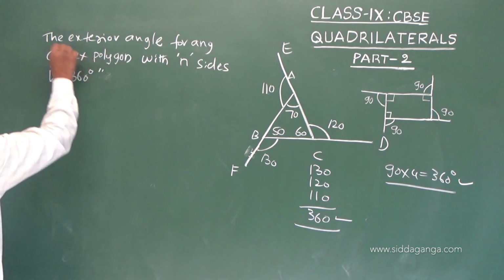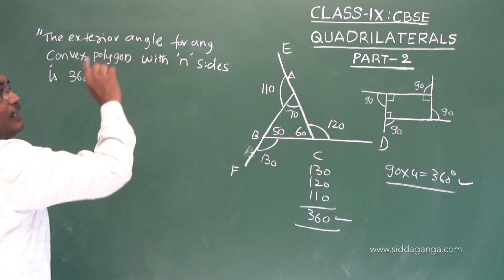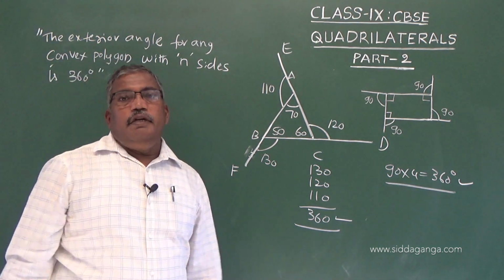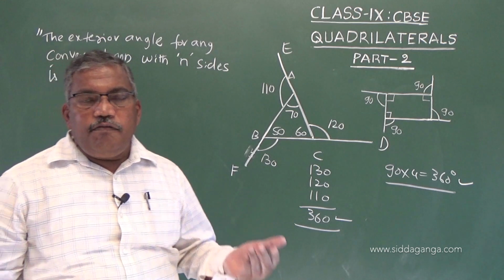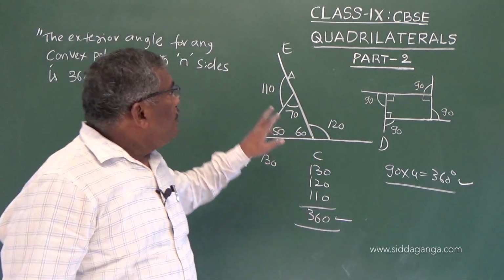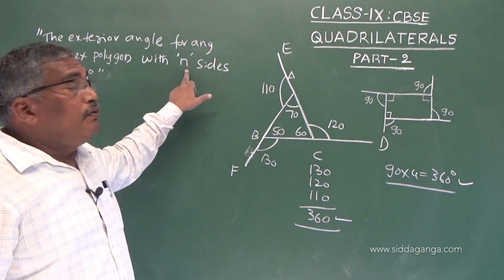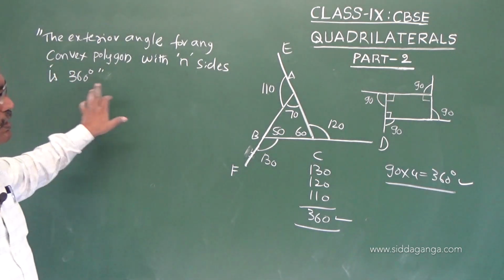The meaning of this is that n may be anything. It may be 3, it may be 5, it may be 10, it may be any value. So for n sides, the total is 360 degrees.